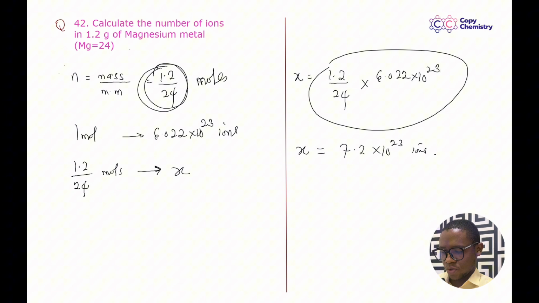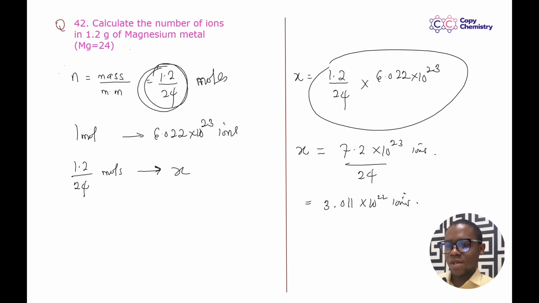Let's do that: 1.2 times 6.022 E23 gives you that, and then when you divide it by 24, you have this, okay? So that's divided by 24 here, and that should give us 3.011 times 10 raised to the power 22 ions.